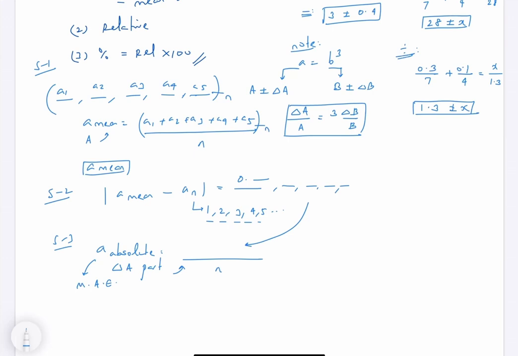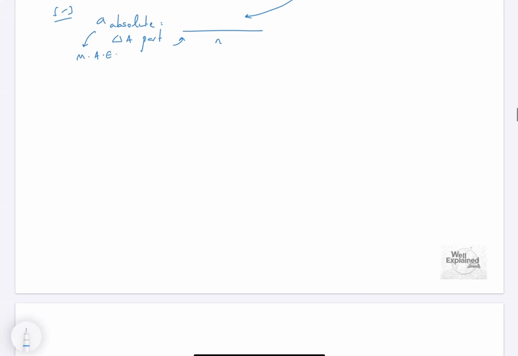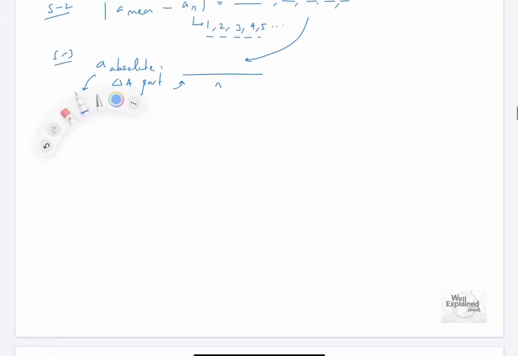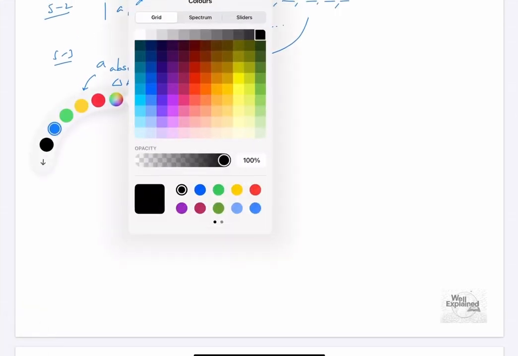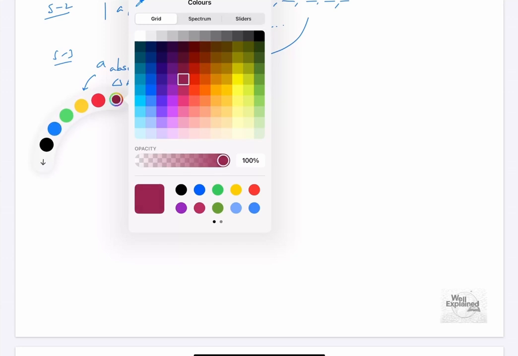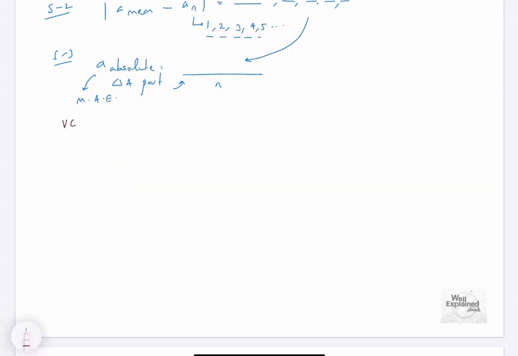And finally, coming to the most awaited part of the chapter, vernier caliper and screw gauge. Very, very important part. I'll summarize everything in a table instead of writing a lot of key points.